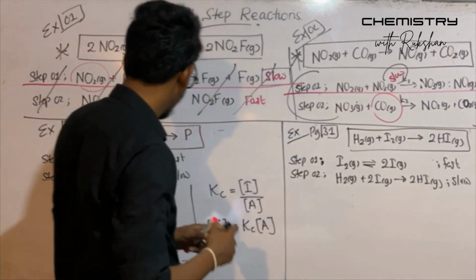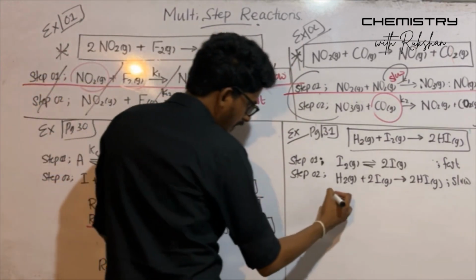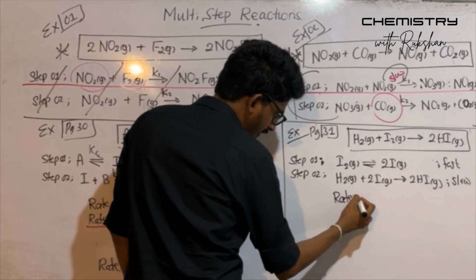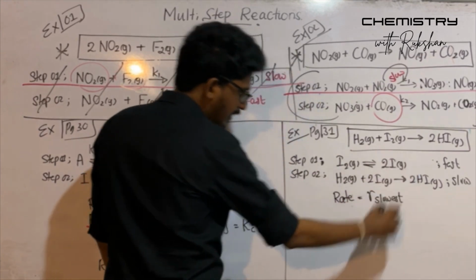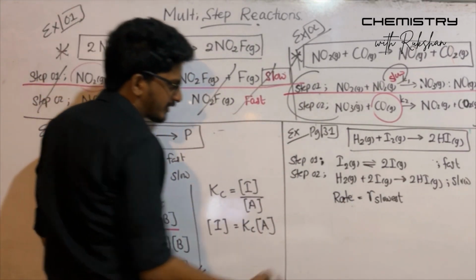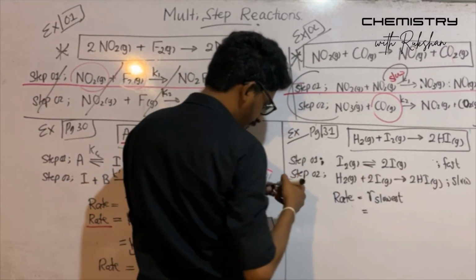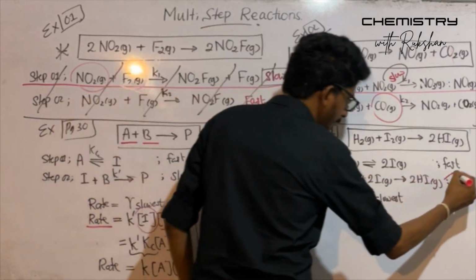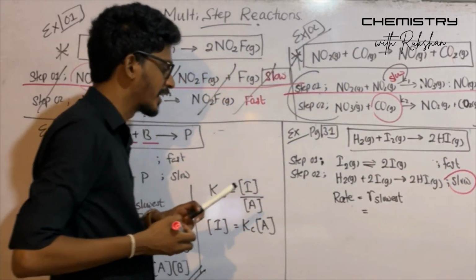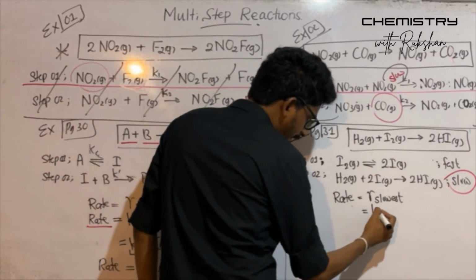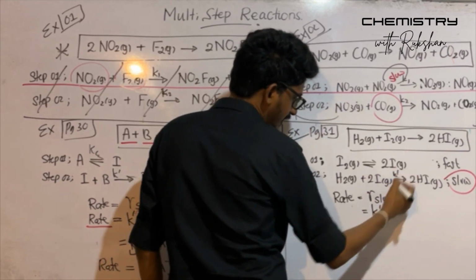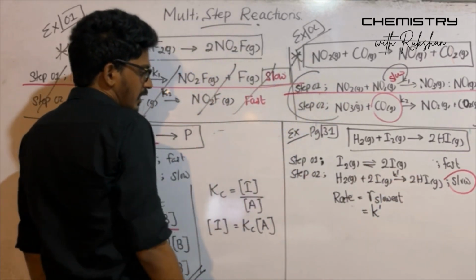See? Rate can be written as the rate of slow step. This is a slow step, right? As it is also an elementary step, all slow steps are elementary, right? So you can take k dash as its rate constant.